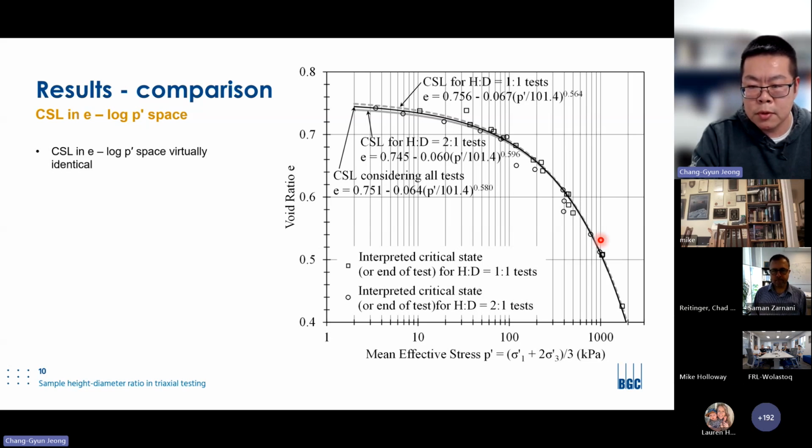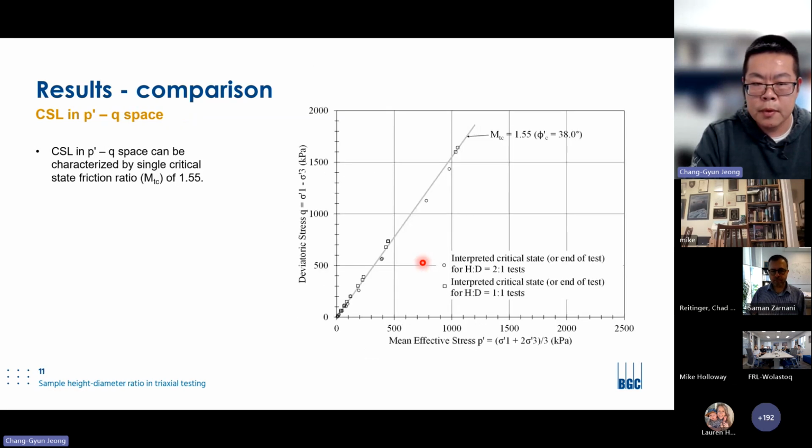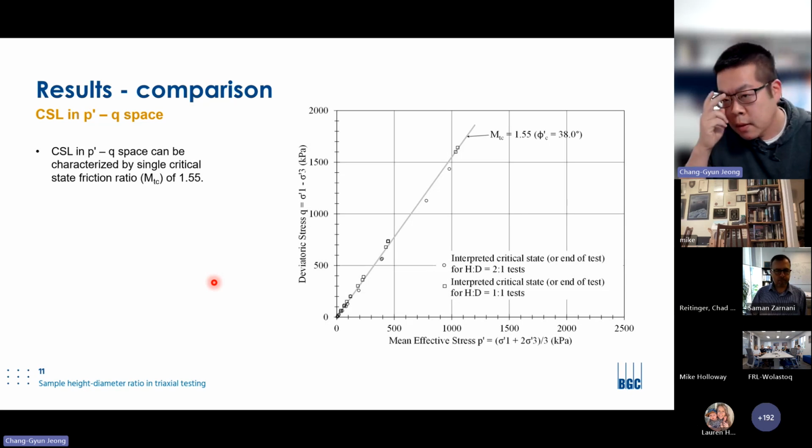But as we know, the critical state line is a 3D line which exists in e, p, and q space. We typically project it to the e-p plane, as we have seen here, or to the p-q plane. So here's the p-q plane critical state line, similar to the e-p plane.